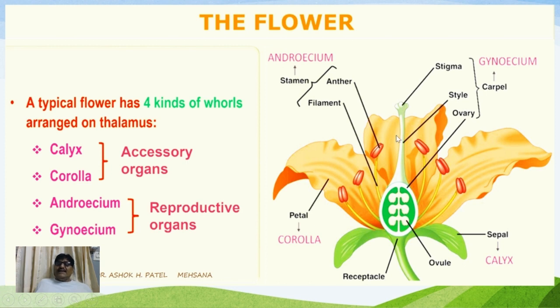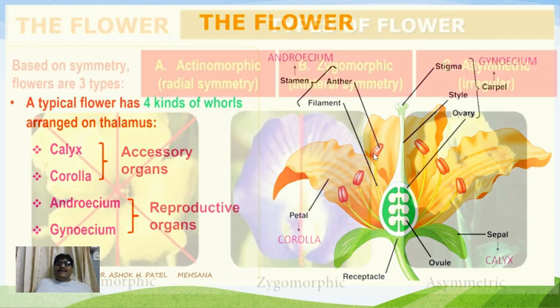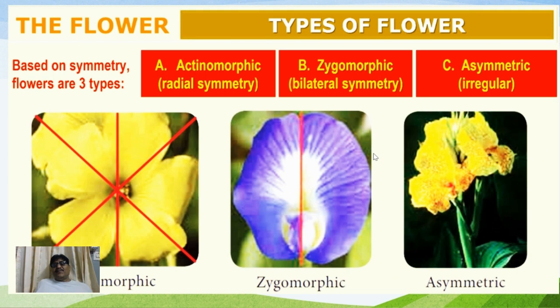So especially, four parts of the flower are seen. Number one is calyx, number two is corolla, number three is androecium, and number four is the gynoecium. Here I want to discuss the various types of flowers. Number one, flowers are divided into three types based on symmetry.